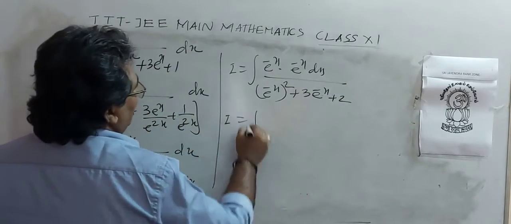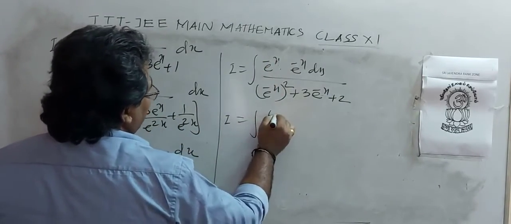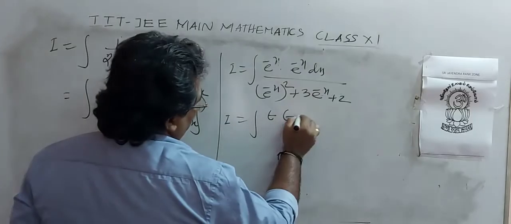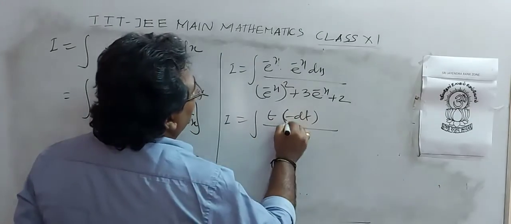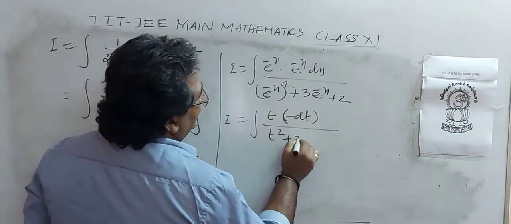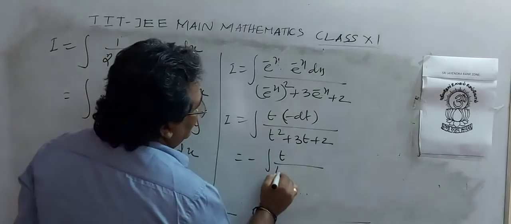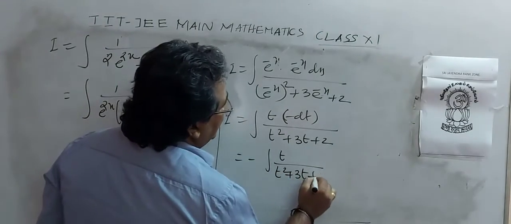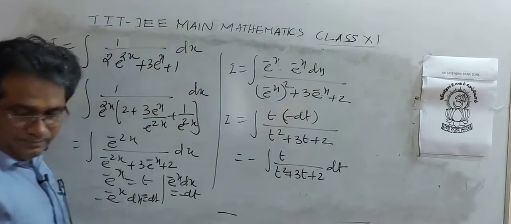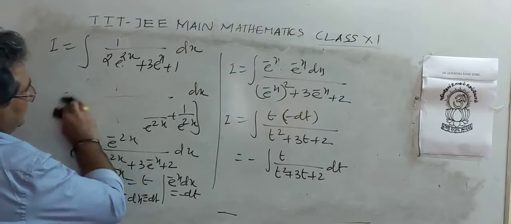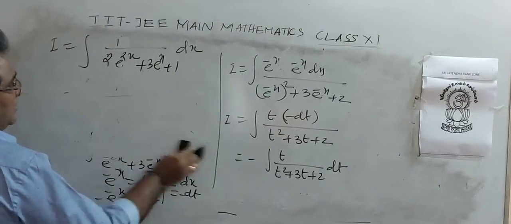Therefore I equals, for this e^(-x), that is t, e^(-x) dx equals minus dt. So for this, minus t divided by (t² + 3t + 2) dt. So we have reduced to the form where in the numerator we have linear, and in the denominator we have quadratic.